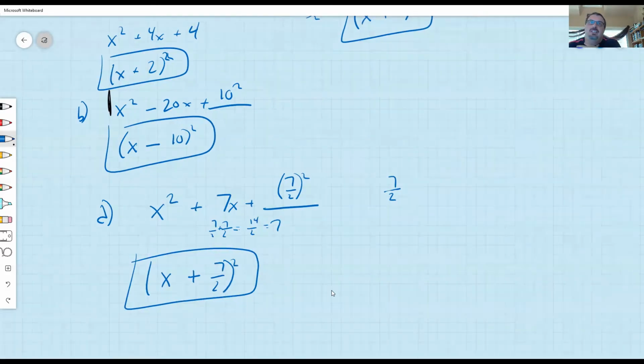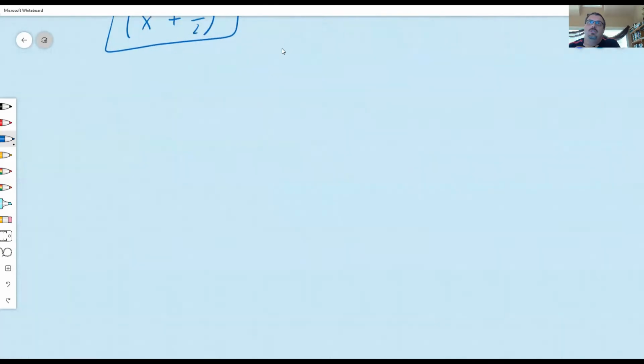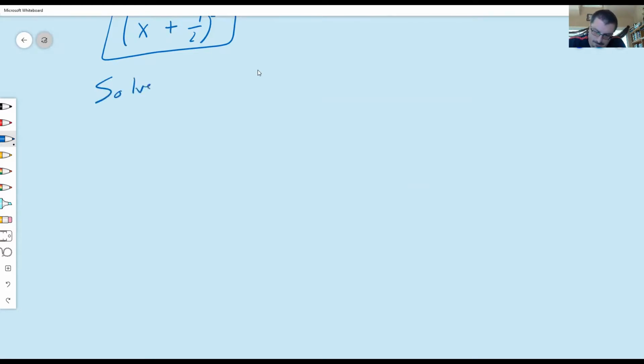So that's the basics of it. Now we're going to apply it to solving. So we're going to solve ax squared plus bx plus c equals 0. Step 1.